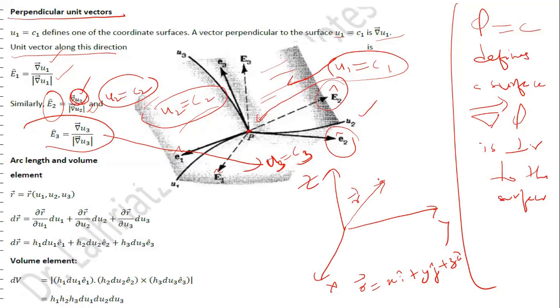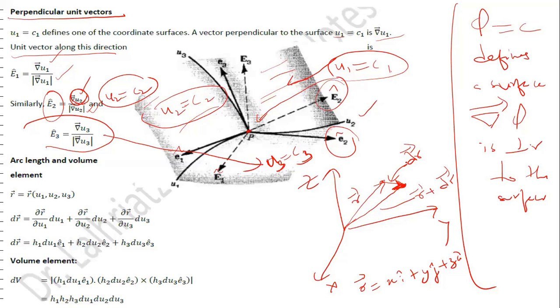Now, arc length means change in this position vector. So let's say if you move to another point here, this new vector, you can denote as r vector plus dr vector. So this dr vector is called a small change in the position vector. This is called an arc length.